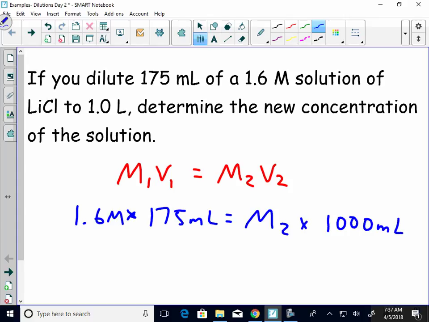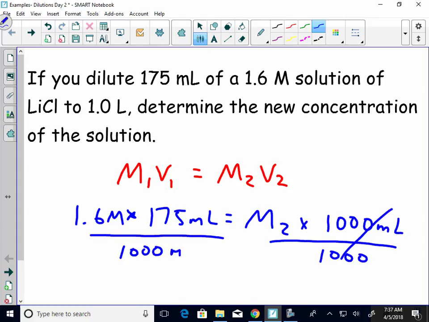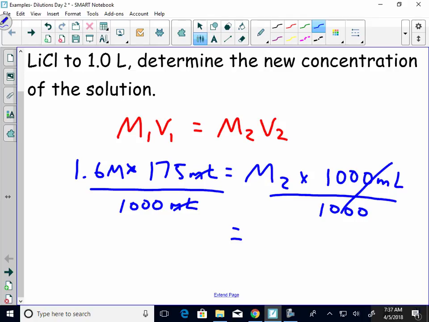So basically what I'm doing, I'm dividing both sides by 1,000. My milliliters are going to cancel. So I'm going to have M2 will be equal to 1.6 times 175.